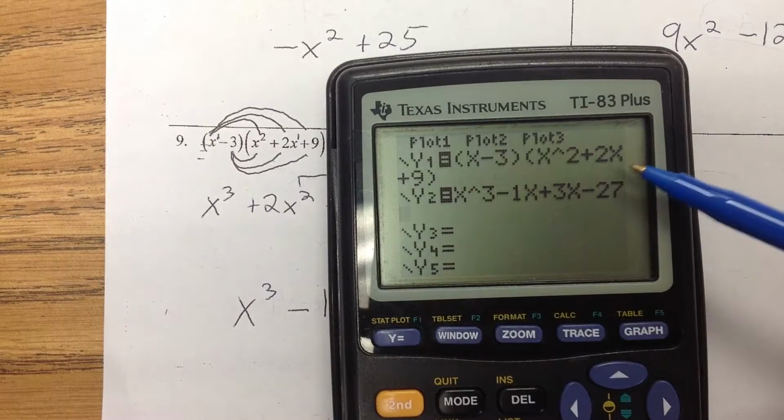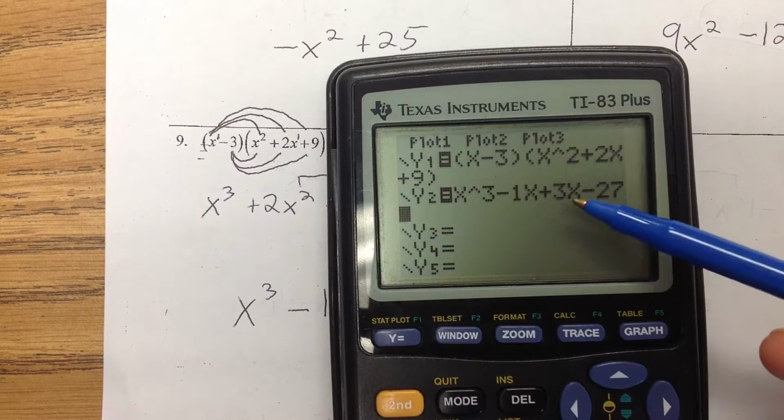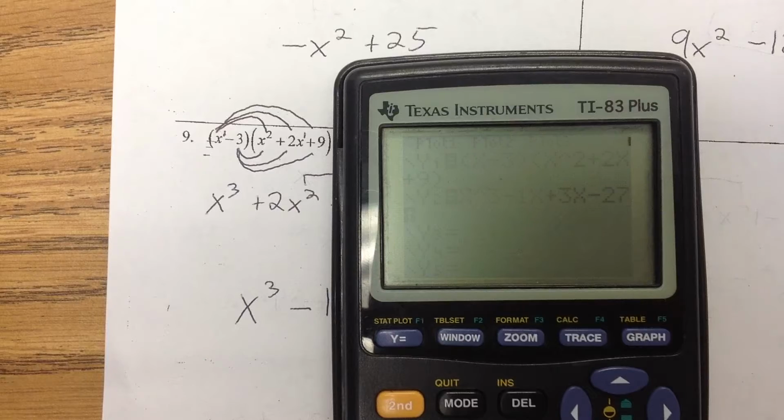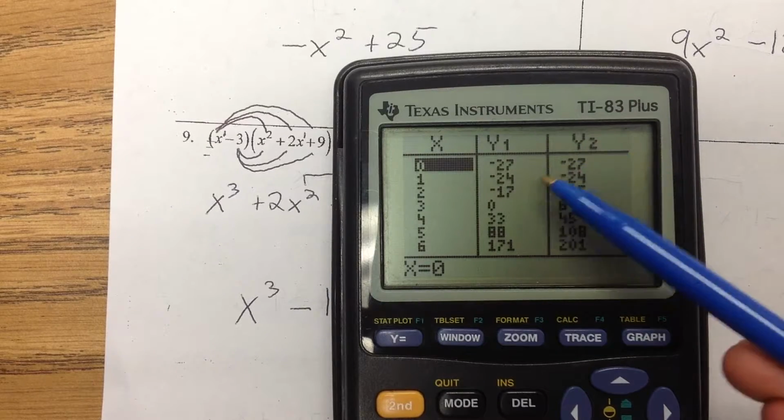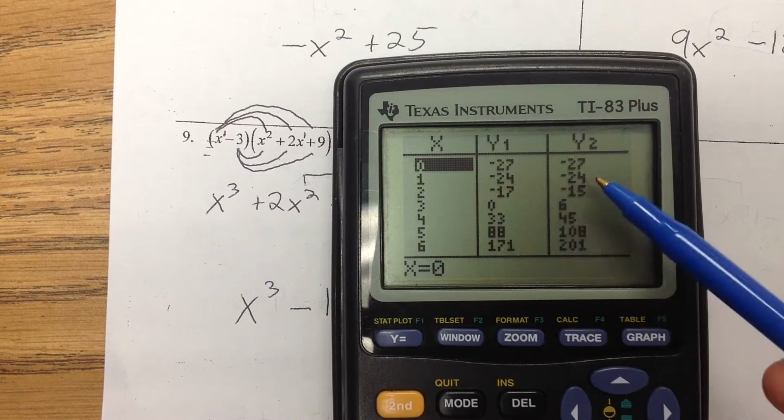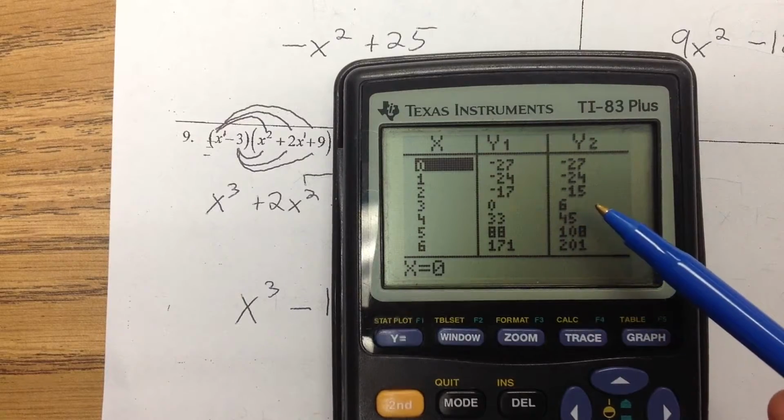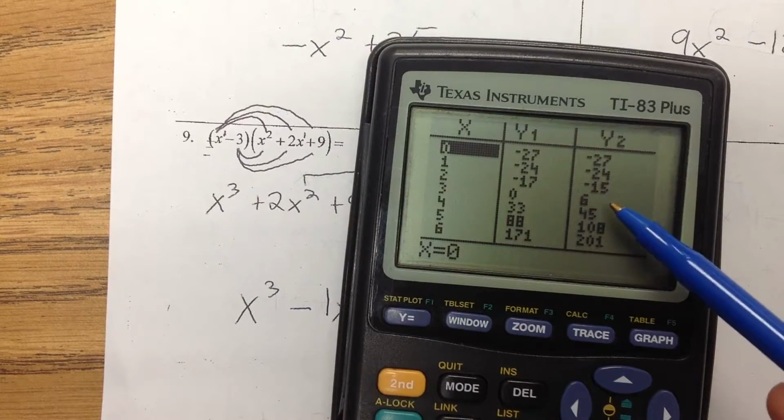All right, so I've got the problem up here in y1, I've got my answer down here in y2, and when I go to the table, you're going to see that they match all the way across.